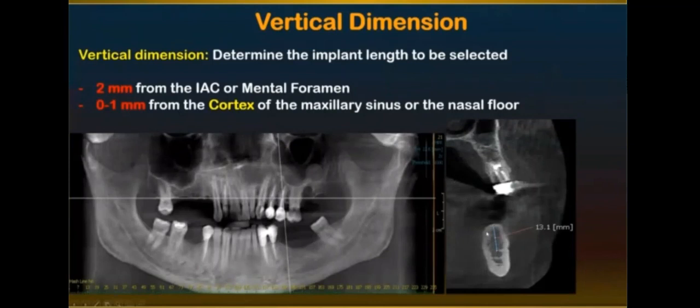But in this cut, we can see that the crest of the ridge is broad, so you can make use of the whole length of the bone, because the crest of the ridge is wide. Therefore, I can benefit by resting the implant bed on this alveolar crest.